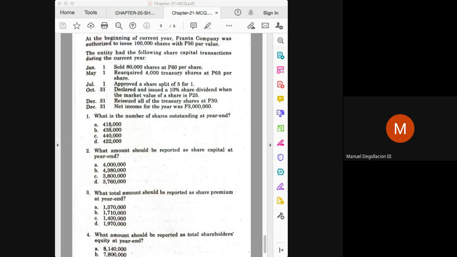And since we were able to reissue them at a price that is greater, the balance would go to your share premium in the amount of 335.